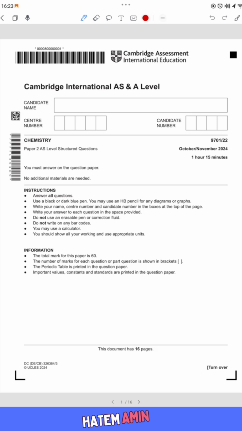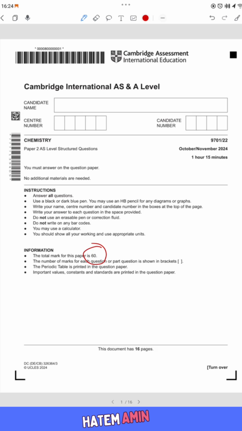This paper is composed of 60 marks, and these 60 marks are easy to collect, or at least not less than 50 marks from this paper. All these questions should be answered by your pencil or your pen.